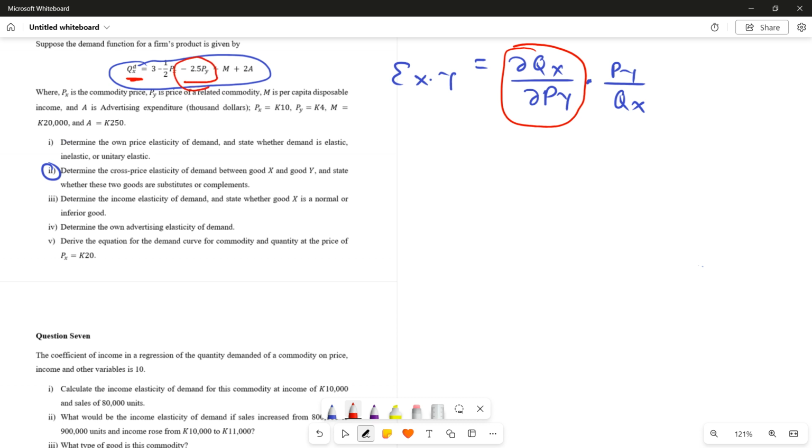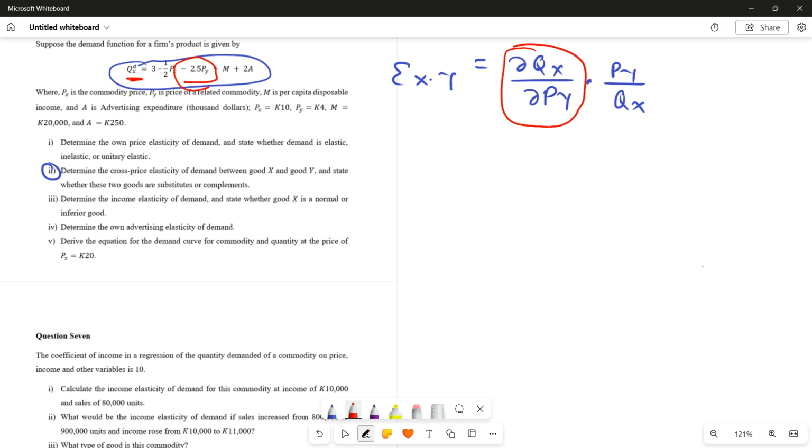We want to understand how a change in the price of good Y is going to affect the demand for good X. That's why it's called cross price elasticity. When I've got two goods, Fanta and Coca-Cola, we want to know how the increase in the price of Coca-Cola is going to affect the demand for Fanta. It's cross. So that is what that term is all about.